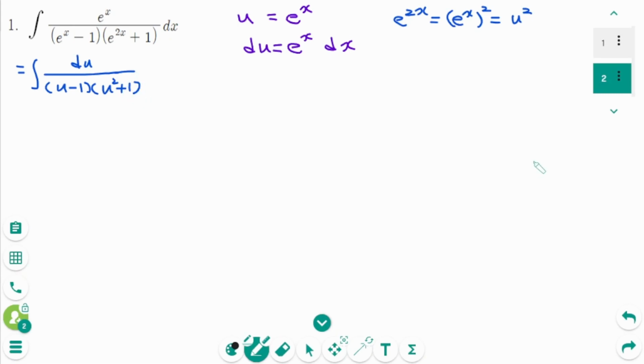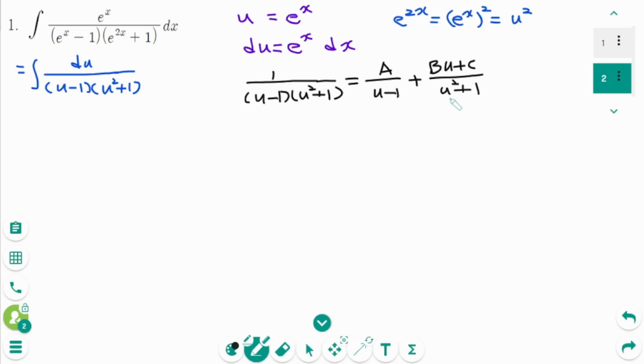You should include one partial fraction for each factor and write 1 over u minus 1 times u squared plus 1 equals a over u minus 1 plus bu plus c over u squared plus 1.